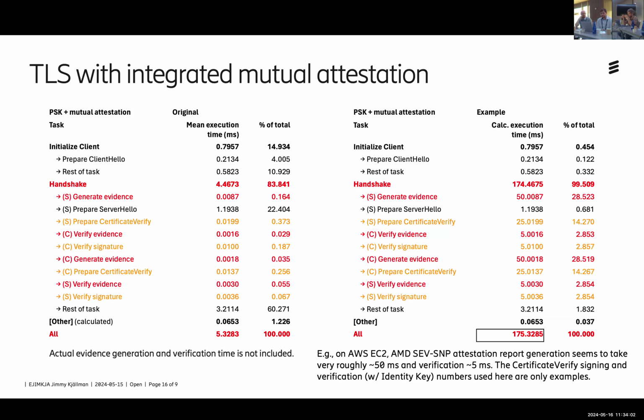It's a nice breakdown, very cool. Generate evidence, that's the term? With these particular numbers, as mentioned, this is partly made up, and some of the signature verification numbers are completely made up based on what they could be.